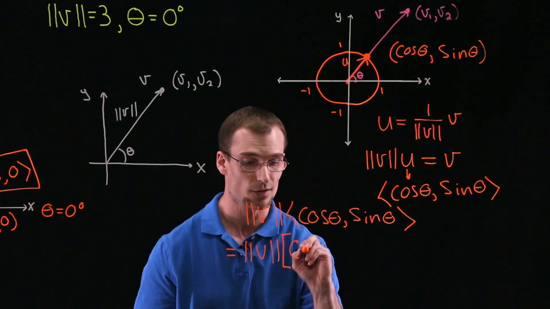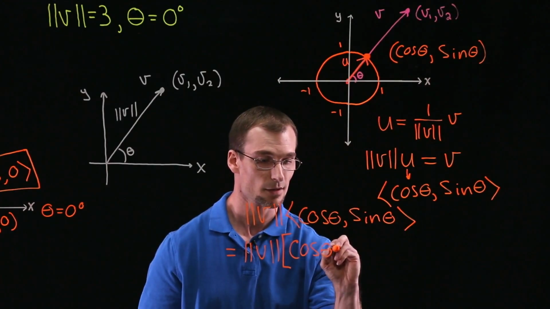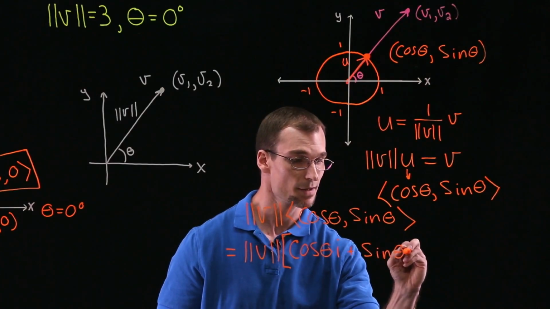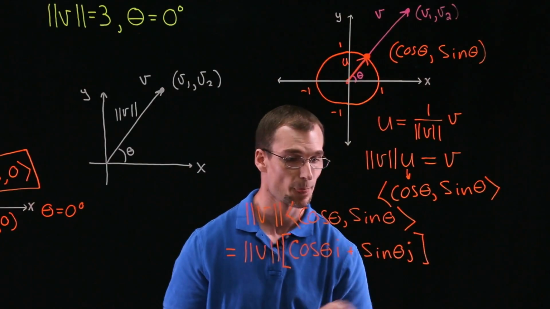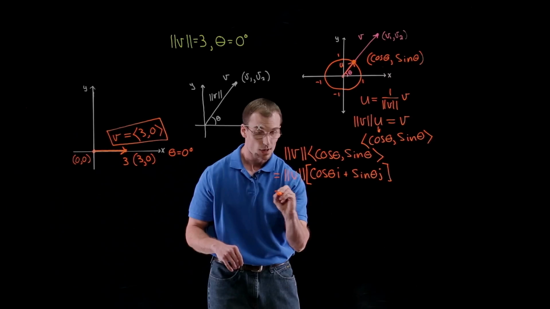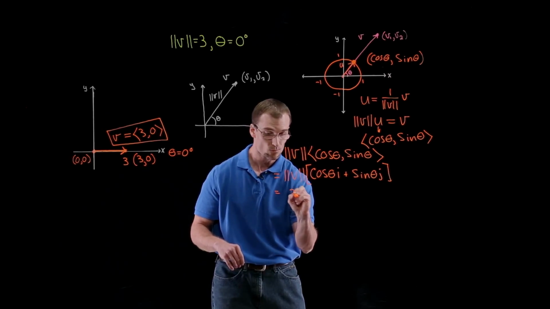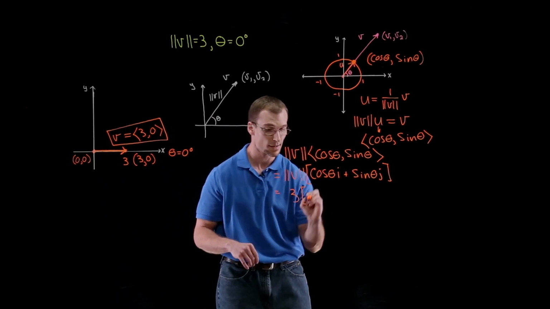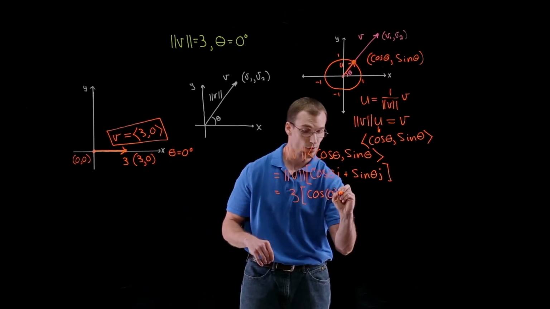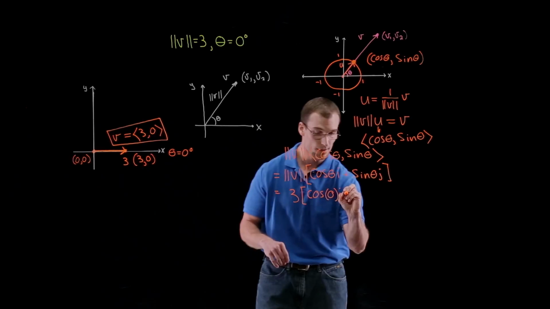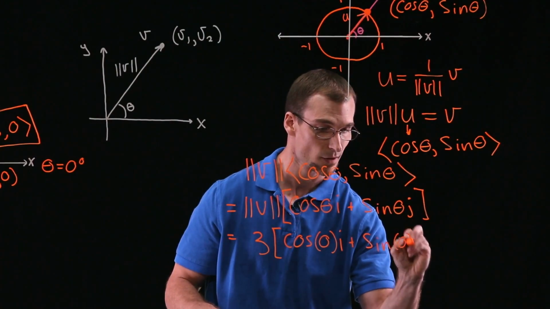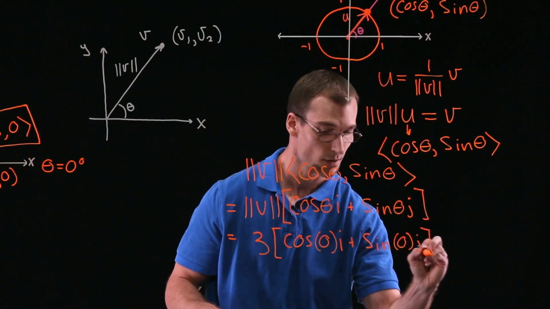So we can write this as the magnitude of v times cosine theta times i plus sine theta times j. Now we're about ready to start plugging some things in. The magnitude of v we know is 3, times cosine of 0 degrees times i, plus the sine of 0 degrees times j.